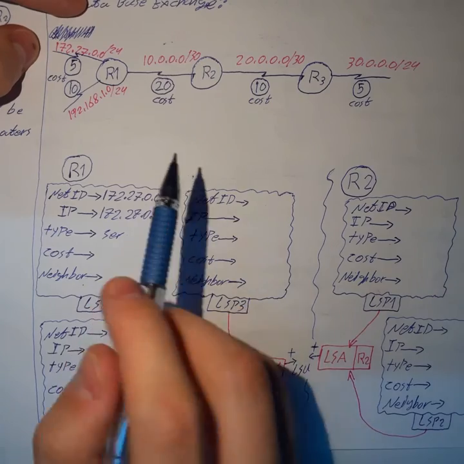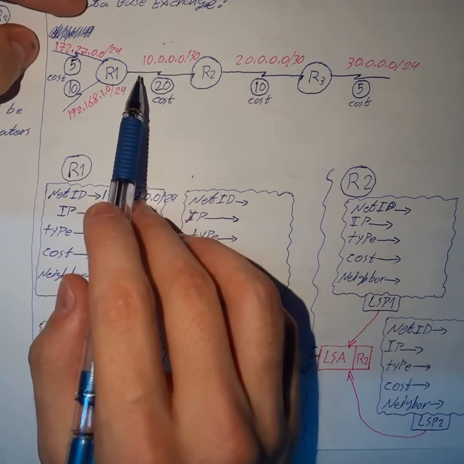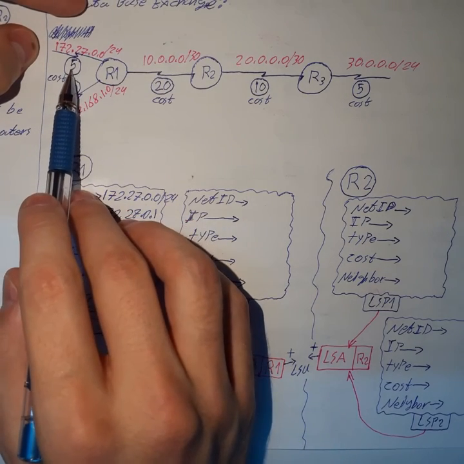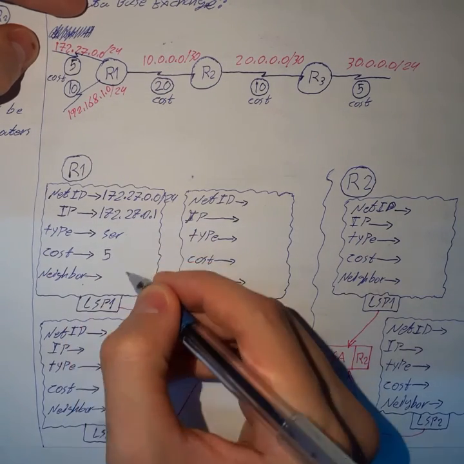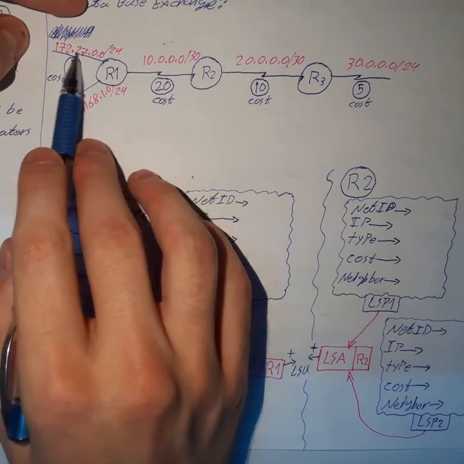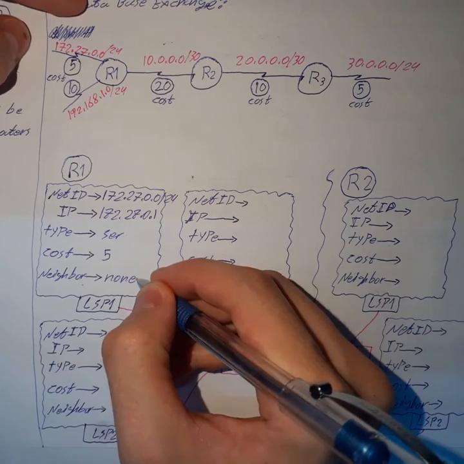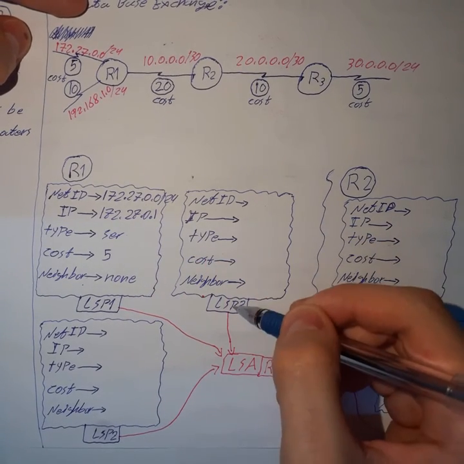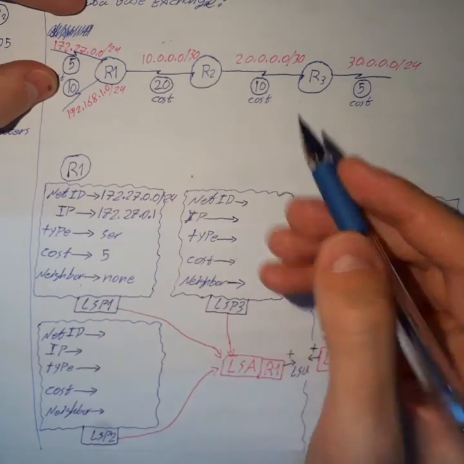The cost: every serial or every cable has its bandwidth. So the serial here has a cost of 5. So let's type just 5. What's the connected router on this serial? We don't know, so we'll set none. For the second LSP, or the 4.3, whatever, let's say it's 10.